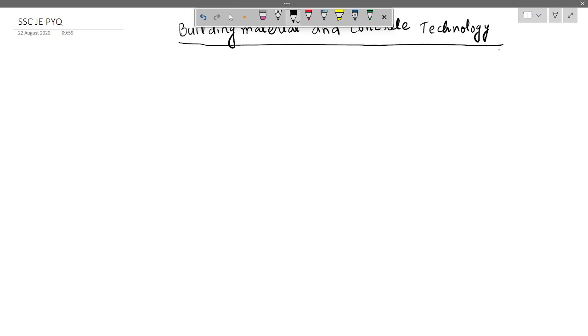The first chapter we will take is bricks and brick masonry. It's very basic. So here, bricks and brick masonry.